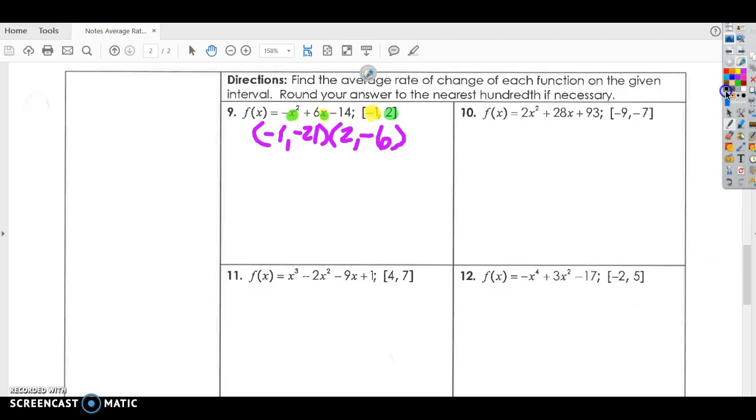Alright, if you can remember, once we have our 2 ordered pairs, slope is y2 minus y1 over x2 minus x1.